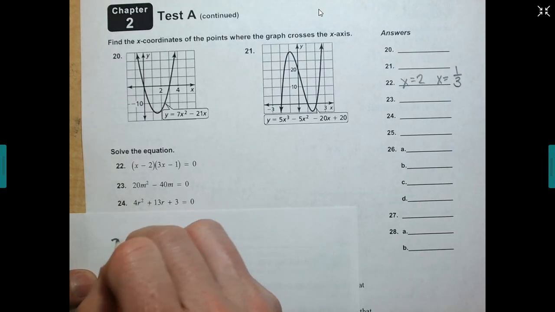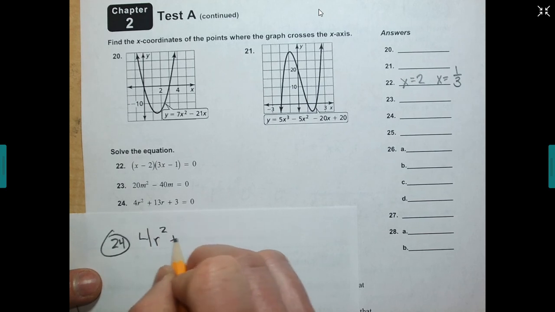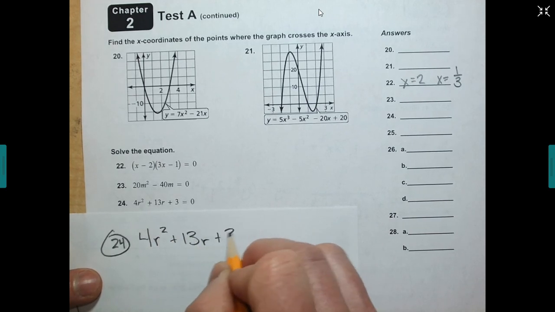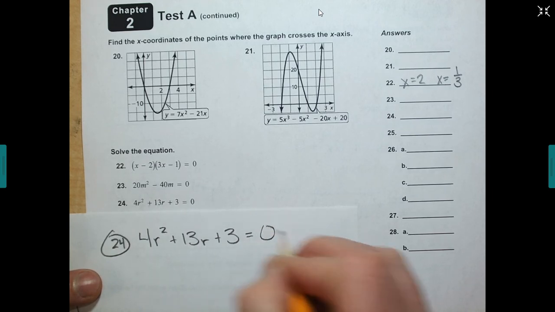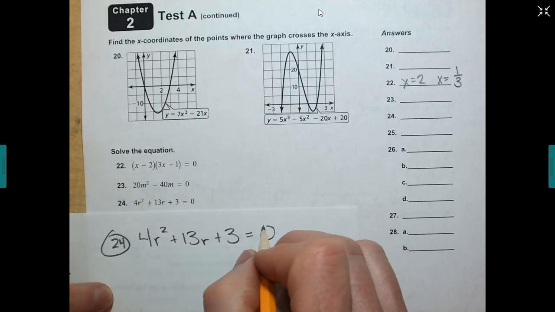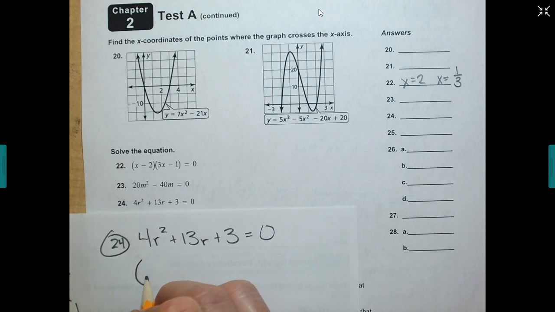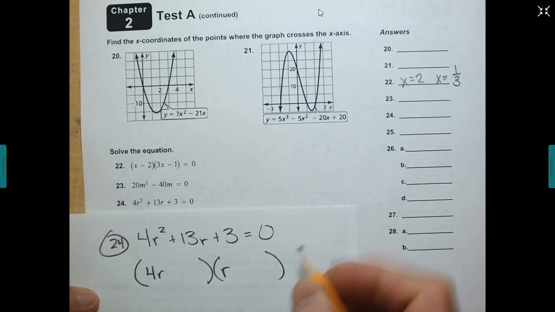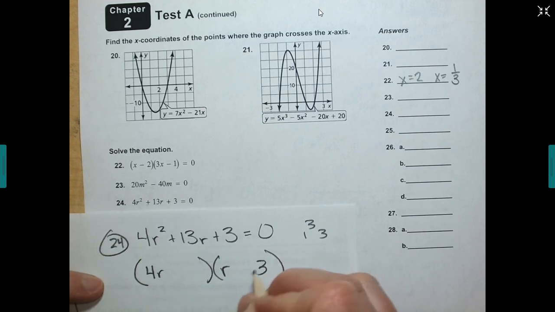Oh, great. My nemesis. Honestly, I hate these ones with a leading coefficient that's not 1. So I'm going to guess it's 4R and R, and then let's do 3 and 1.